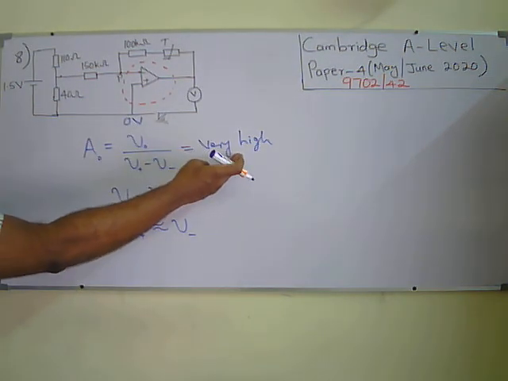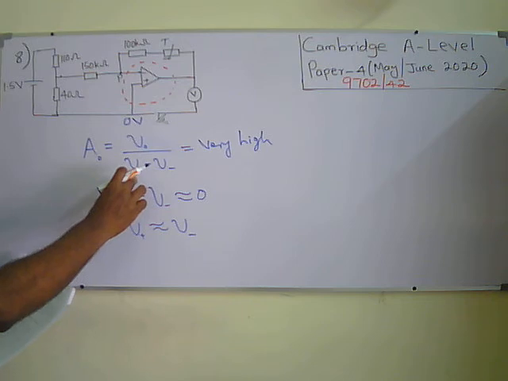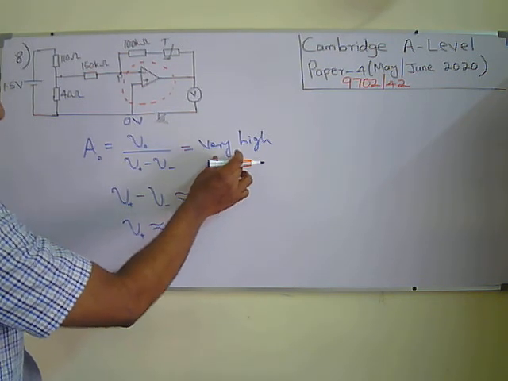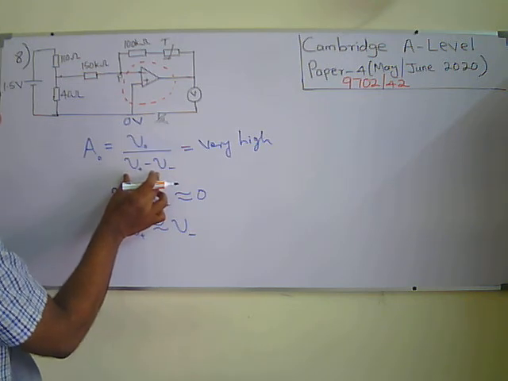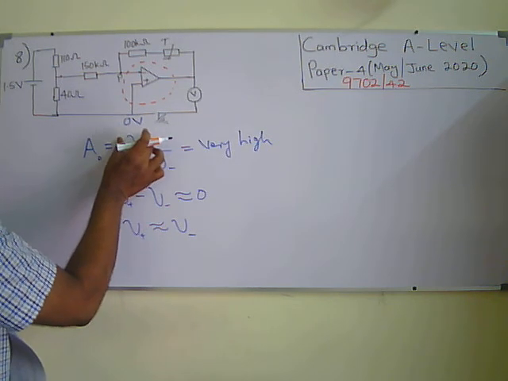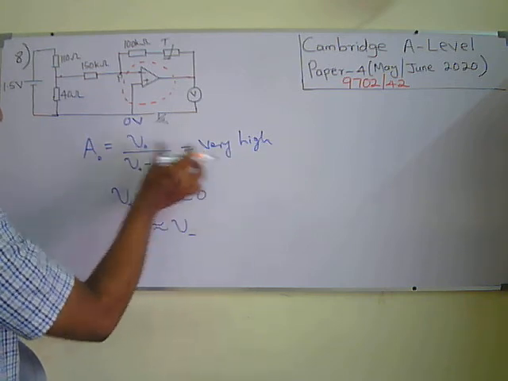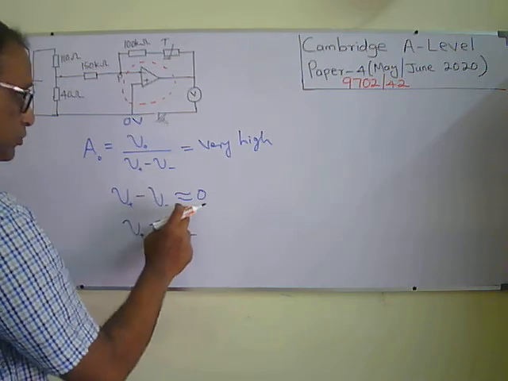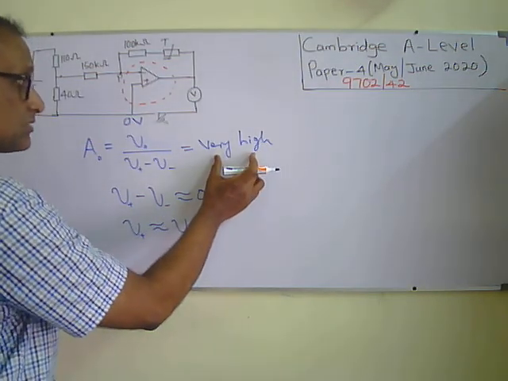We are dividing the output by a very small number, which gives the gain very high. So V plus minus V minus should be almost equal to 0.